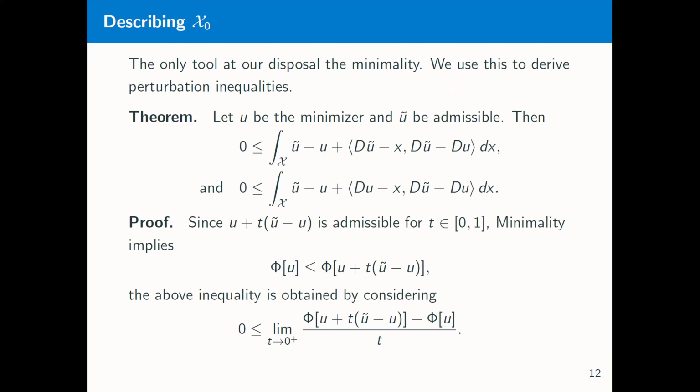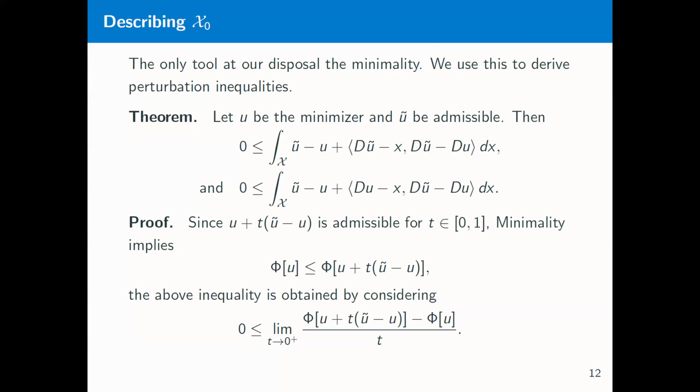The two that we're going to make the most use of are presented in this theorem. If I've got my minimizer and any other admissible function, then I can derive these one-sided Euler-Lagrange equations. And that's them there. For these one-sided perturbations, you can do the proof essentially as you usually would for the calculus of variations.